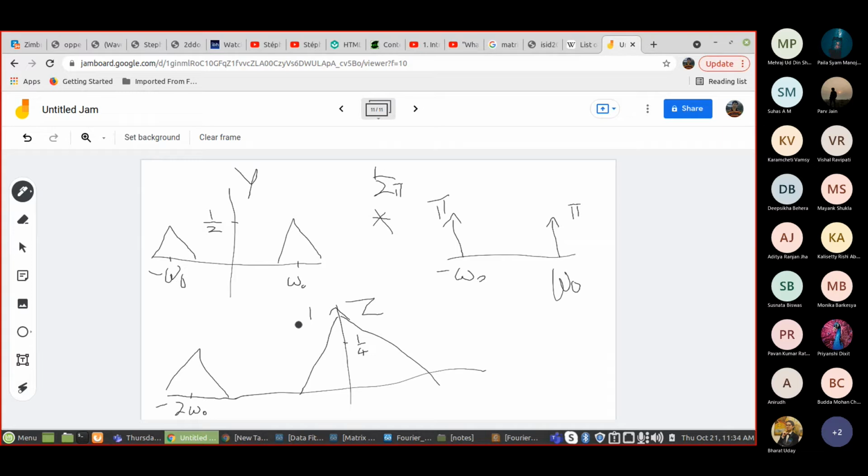So this is 1/2, and then this getting convolved with this will give another factor at 2 omega naught. Sorry, this is badly drawn, but this is 1/4.